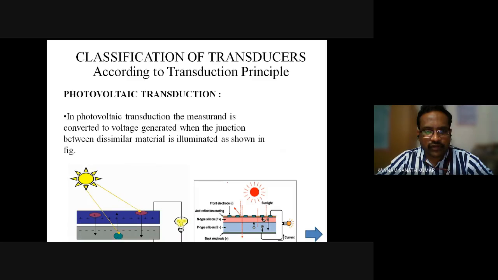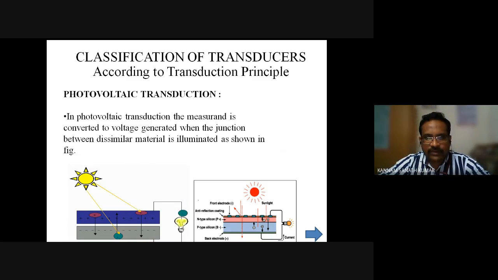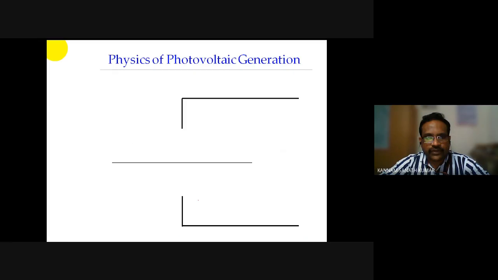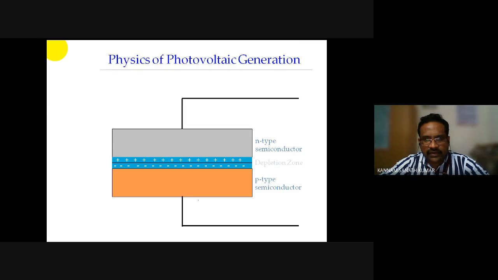This is photovoltaic. In photovoltaic, a voltage is generated between two dissimilar materials. When light falls on these two dissimilar materials, a voltage forms between them. This is the mechanism of a photovoltaic generator. You have a p-type semiconductor, an n-type semiconductor, and a depletion layer.